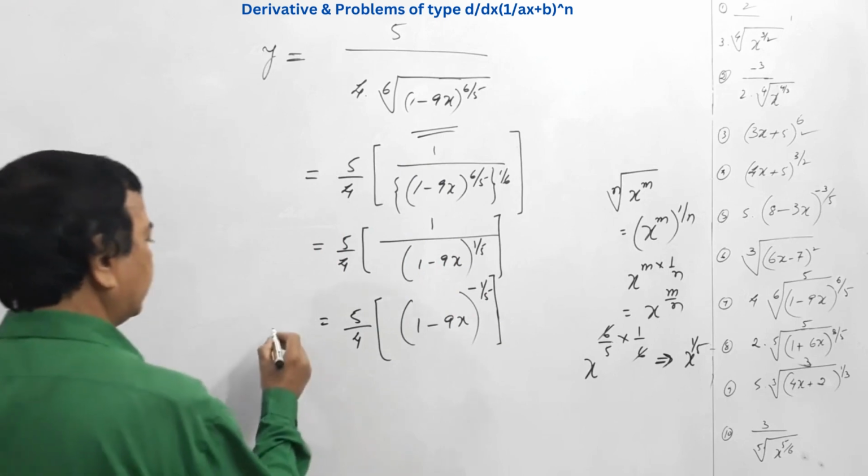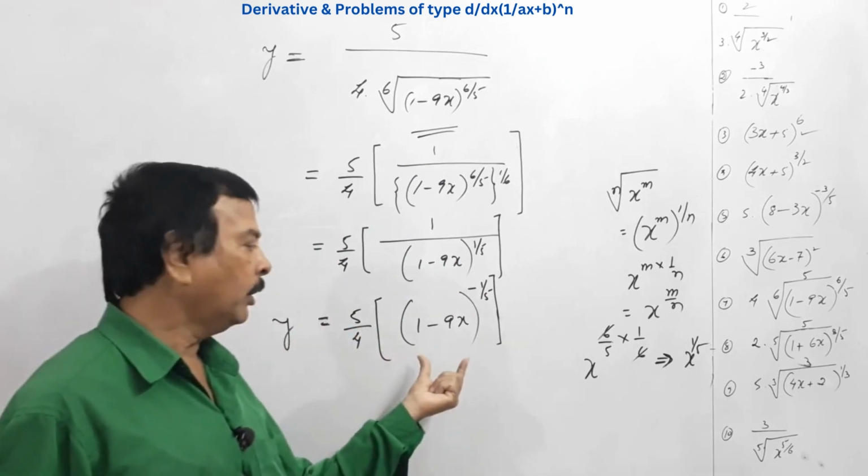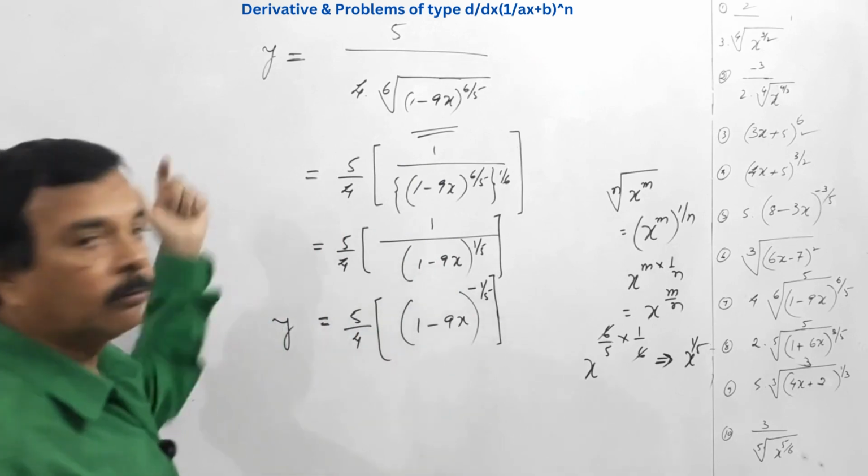So this is our y. Finally we have solved this and brought it to a standard form. Now you can apply the differentiation rule that I taught in the beginning.